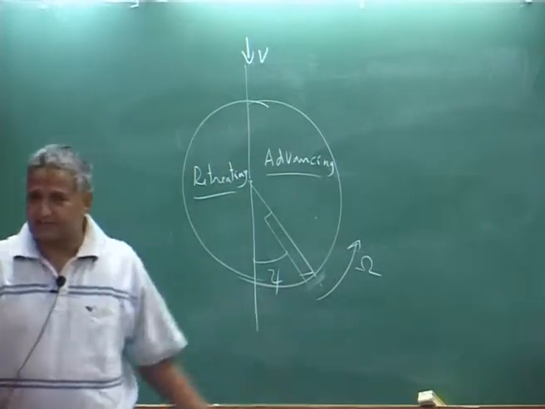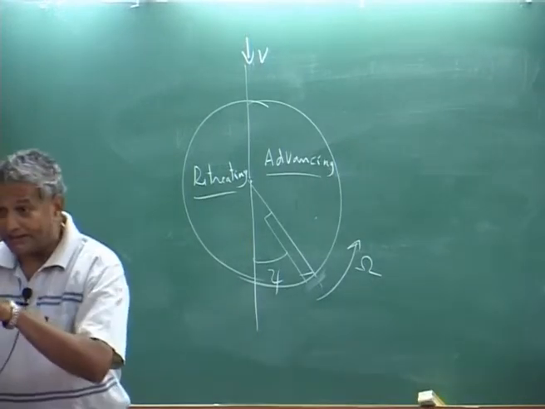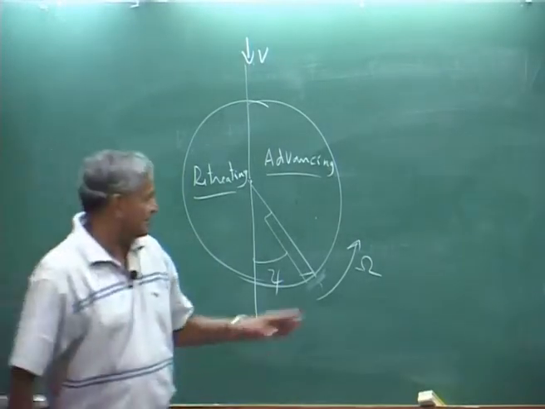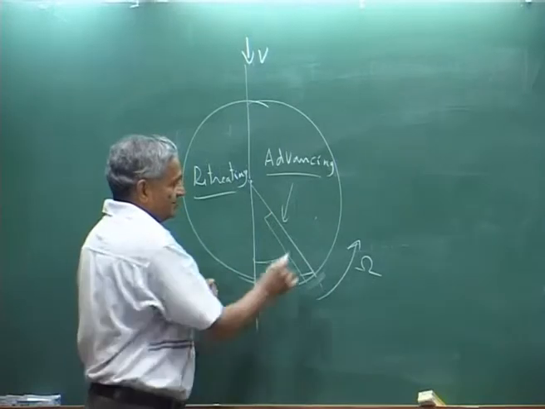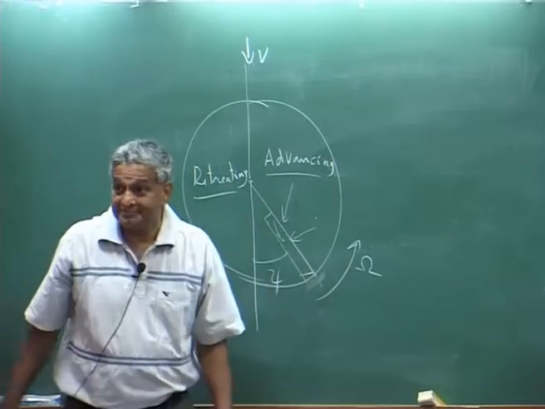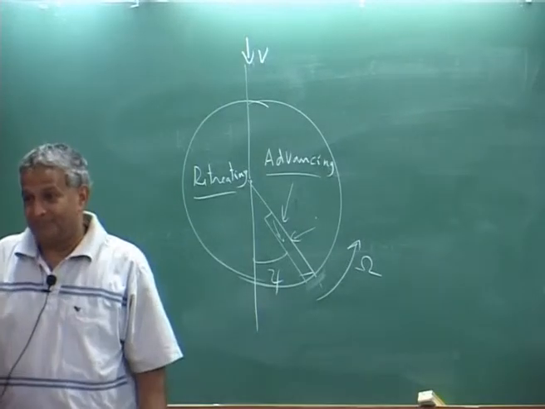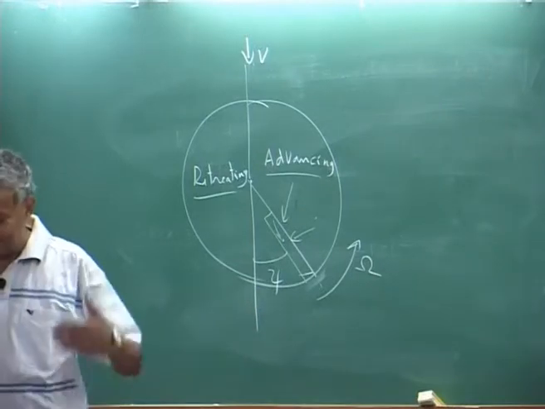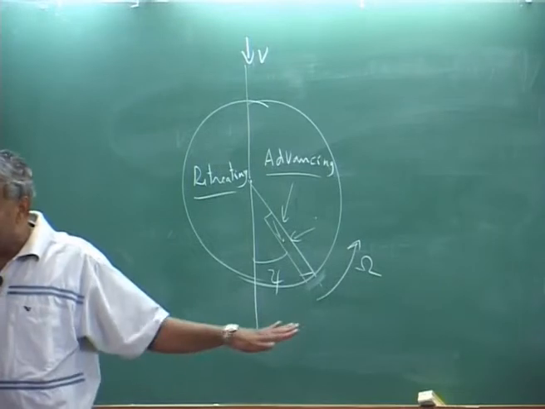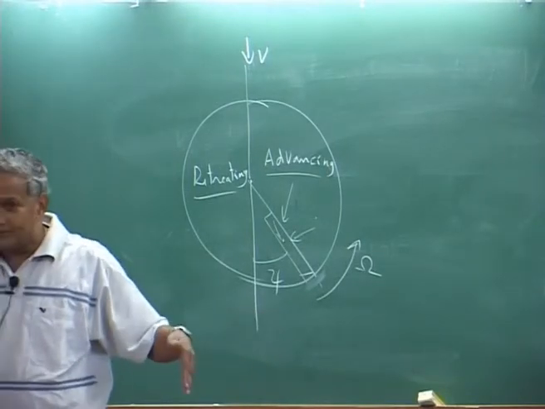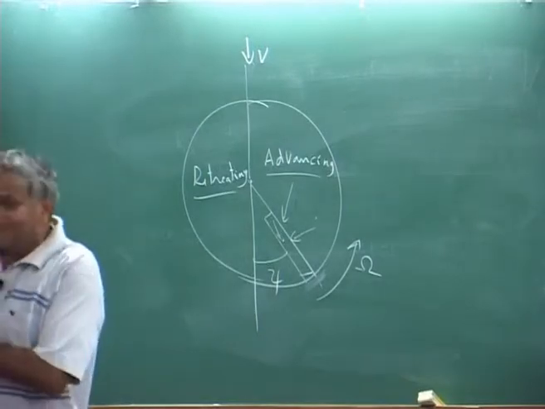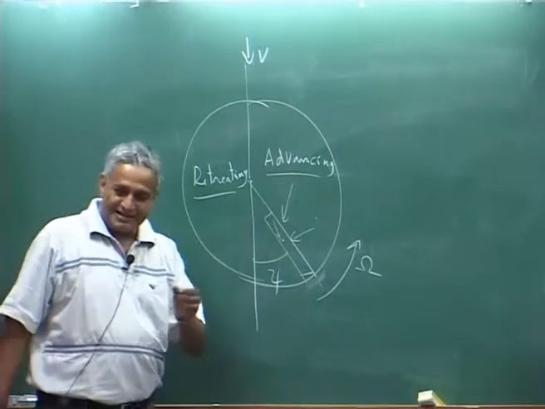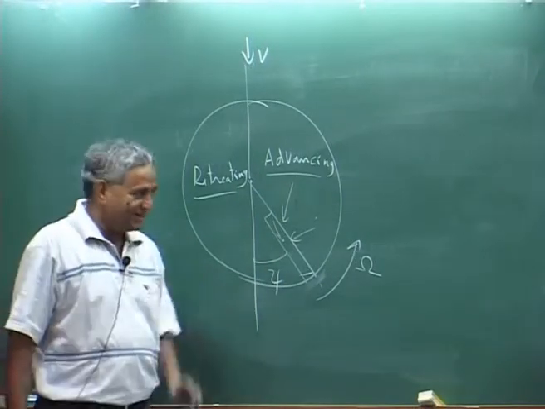Advancing side more velocity, retreating side less velocity, oncoming flow. I am neglecting radial flow, but later we will see how we very crudely take the radial flow. Radial flow means, if I resolve this flow, one component will come here, another one will go along the span of the blade. Okay, this is like a swept wing flying forward. That means there is a flow over the surface, not along the airfoil chordwise, but in the radial direction. It is neglected, or we can take it approximately, that we will come to later.